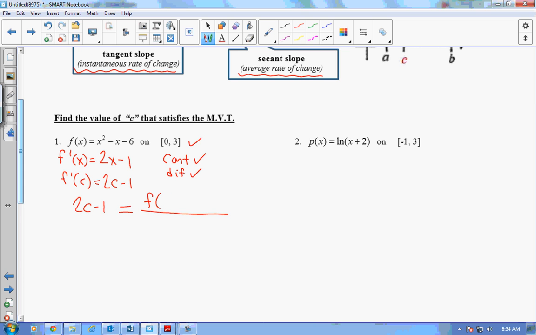What's b? Yeah, this is a, this is b. F of 3 minus f of, what's a? 0, divided by 3 minus 0. This is just rise over run.